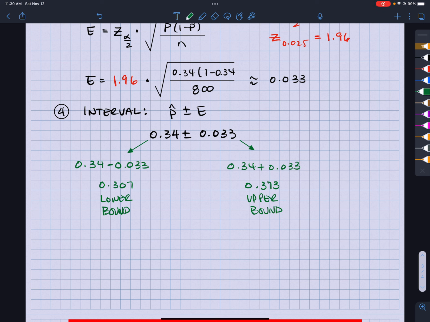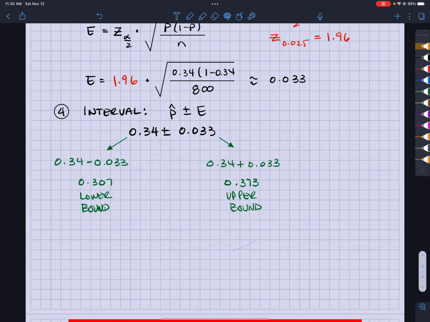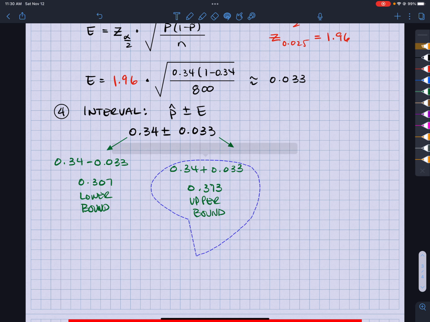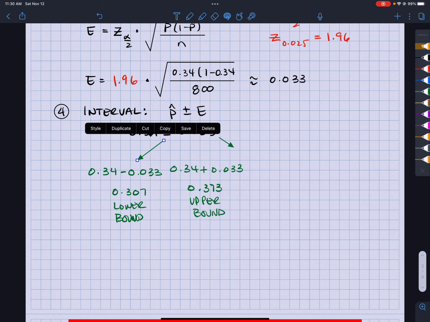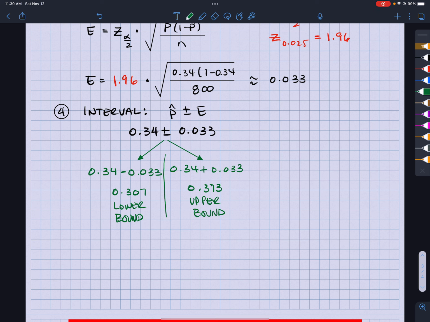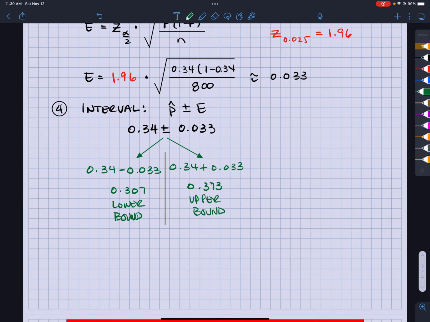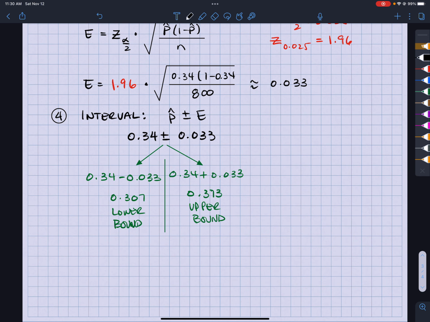Okay, so let me go ahead and refine this a little bit, move these a little bit tighter. Separate these so that we can see our interval. All right. So last but not least, we want to write our conclusion.